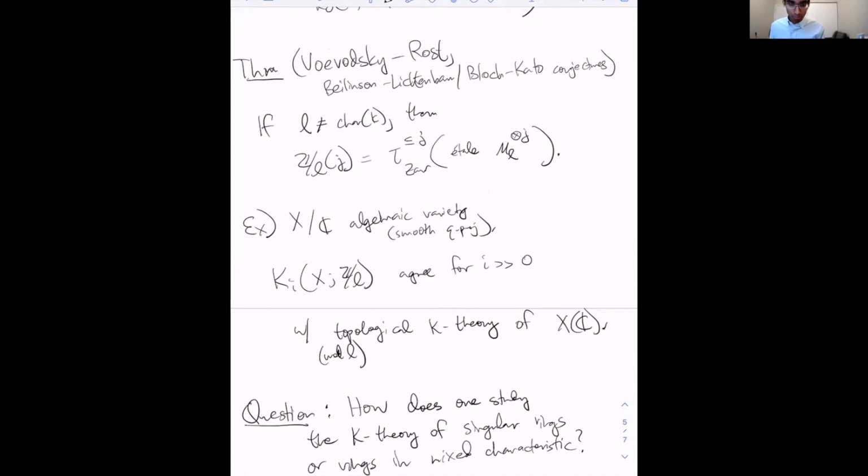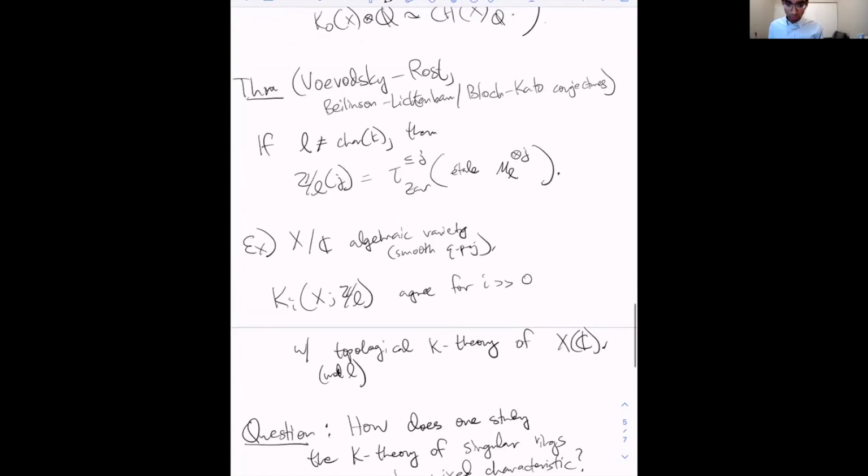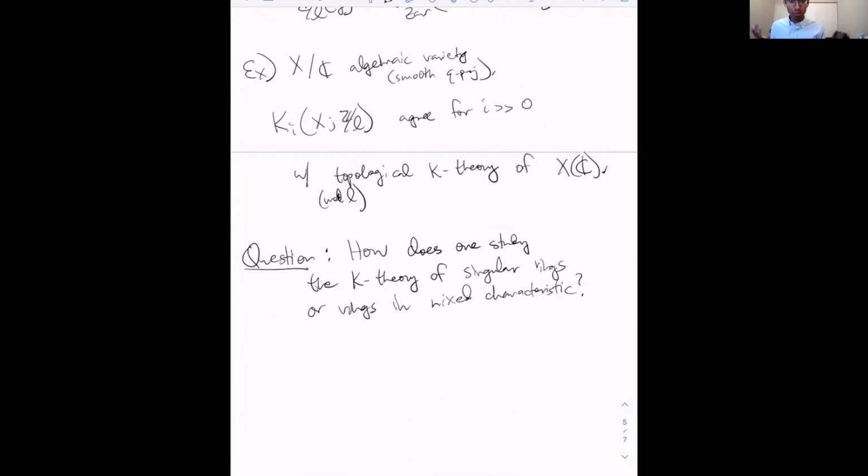There are many tools that make sense for smooth schemes over a field that somehow don't make sense more generally. For example, it's not really clear whether there's an analog of the motivic spectral sequence, or to what extent there is an analog of the motivic spectral sequence.